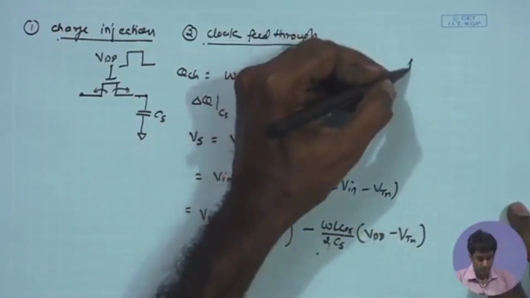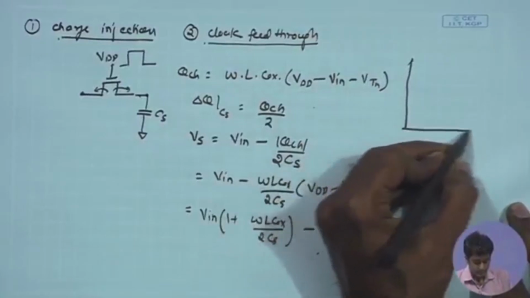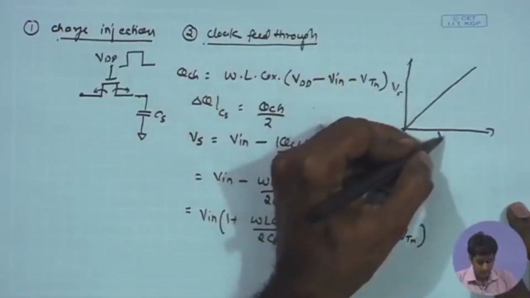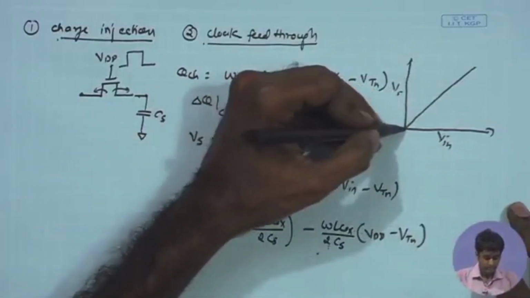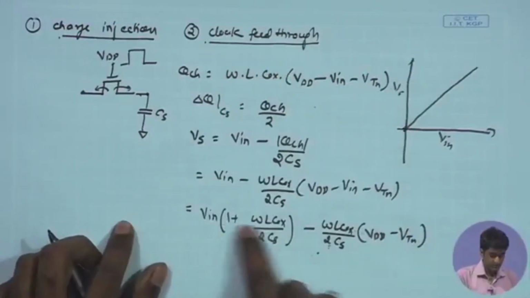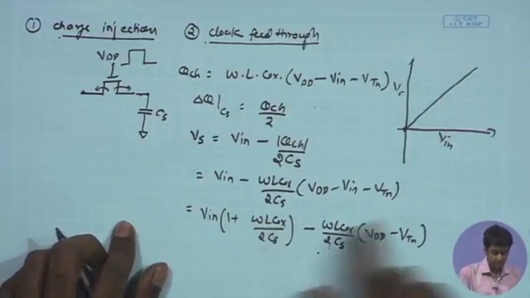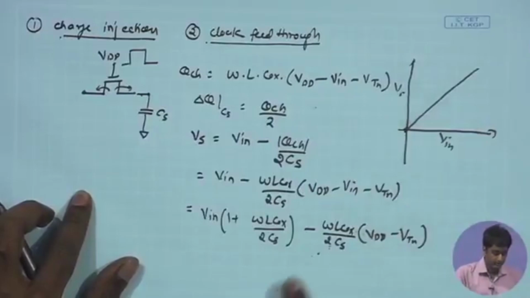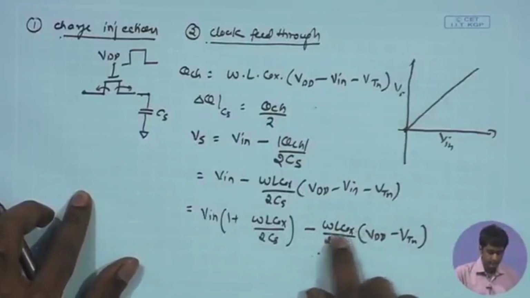And if I plot these, the ideal curve would have been Vs equal to V in, but because of the gain which is greater than unity, I am going to get a slope which is greater than 45 degrees, and also we are going to have a negative offset.